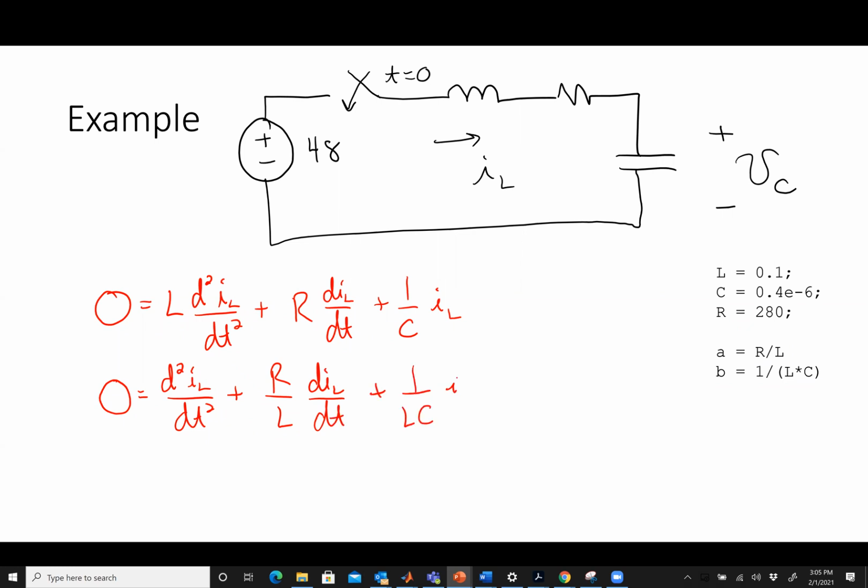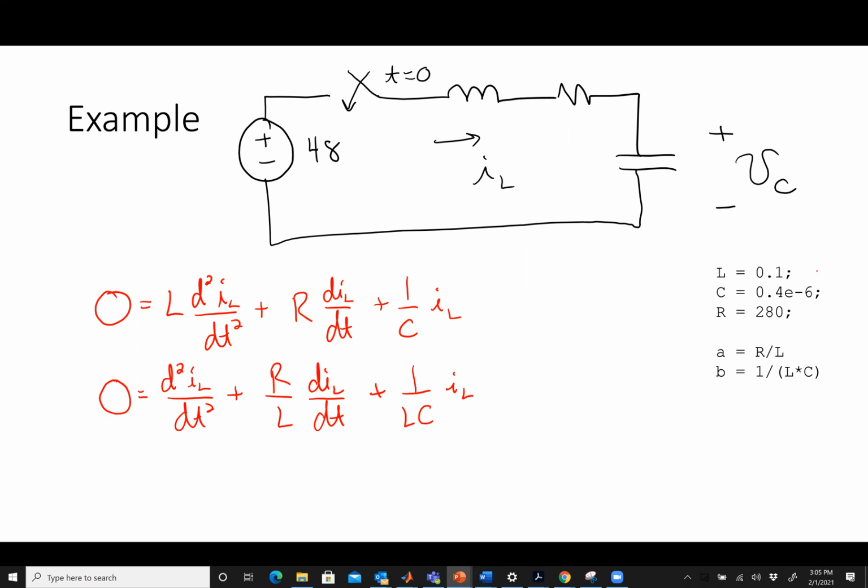All right, IL. Now what I did here is the way that I would put this into MATLAB. When I start entering my MATLAB, I put in the values of each of the components. So I put in L equals 0.1, C equals 0.4 times 10 to the minus 6.